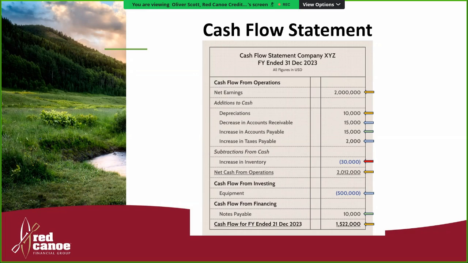Does it make sense? That's why I put it this way, saying additions to cash for these things. But if they are negative, then they will have a negative impact on your cash. Same with a decrease in inventory, it will be extra cash, stuff that you've sold and you haven't bought new inventory yet.